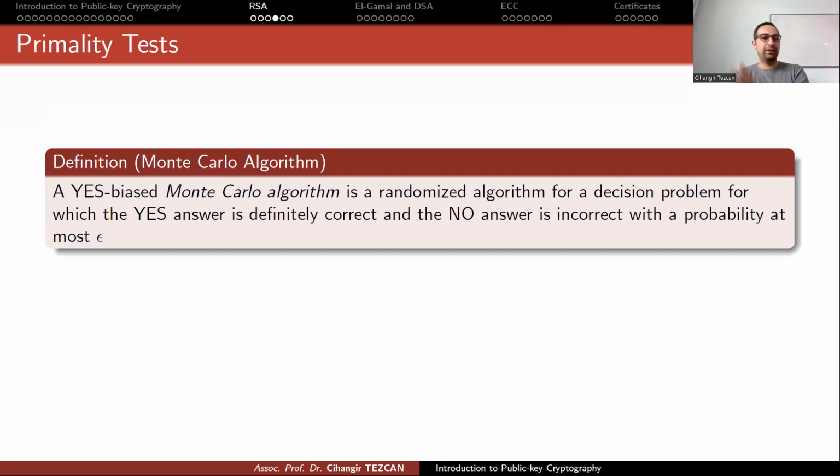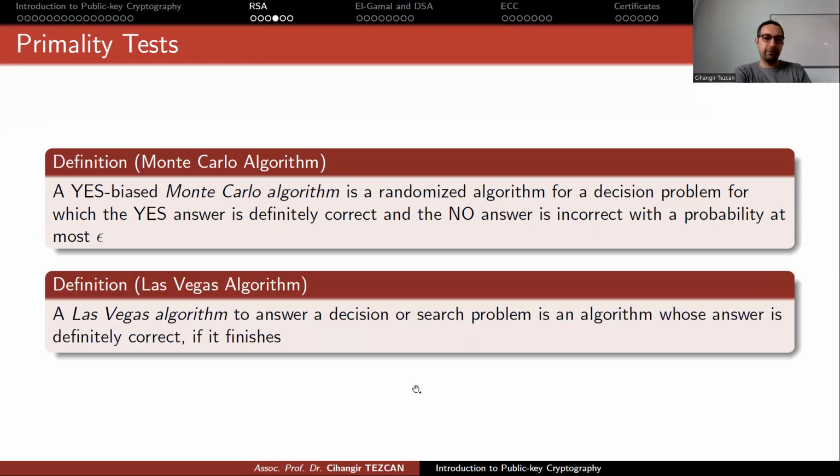So you run this algorithm. If it says yes, it is correct. If it says no, then it is correct with some probability. So with a randomized input, you rerun this algorithm again and again and check if it gives you the no answer for many inputs, then you will be confident that most probably the answer is correct.